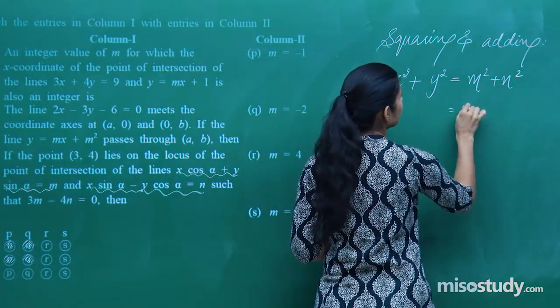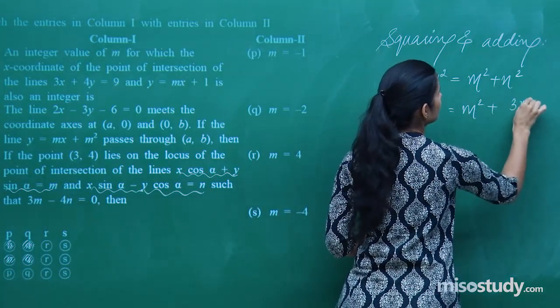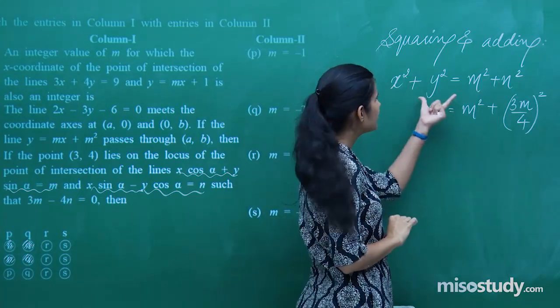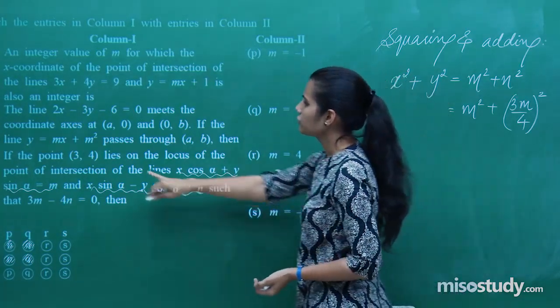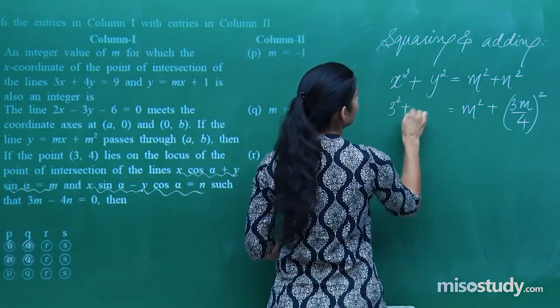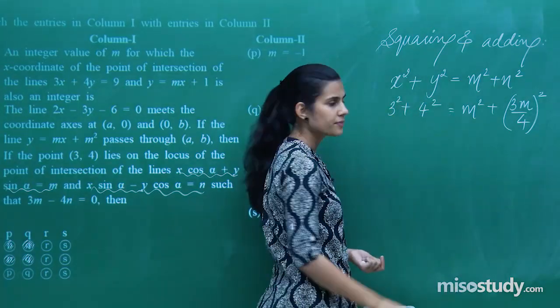If n is 3m by 4, this is what you've got. And if this is the locus, I know that 3 comma 4 lies on this locus. So in place of x I can put 3, in place of y I can put 4.